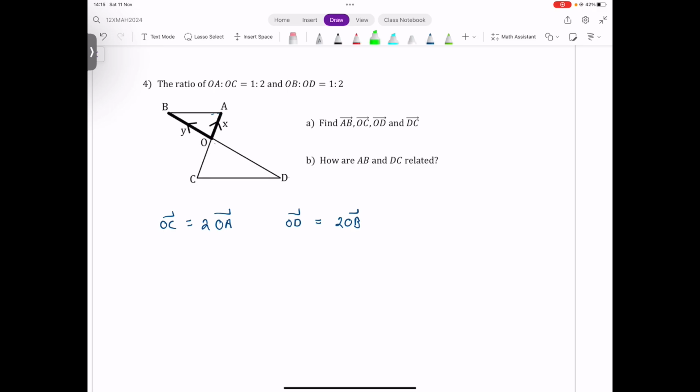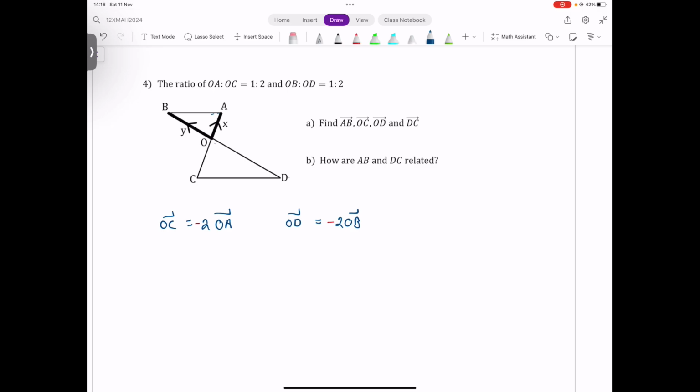If we were talking about the magnitude of these vectors, we would be fine. But since OC is going in the opposite direction, we're going to have to put minuses here and here for those statements to be true. If we were just talking about the magnitude, say we had absolute value signs on either side, then we would be fine, but we have to make sure we're considering the direction of these vectors.